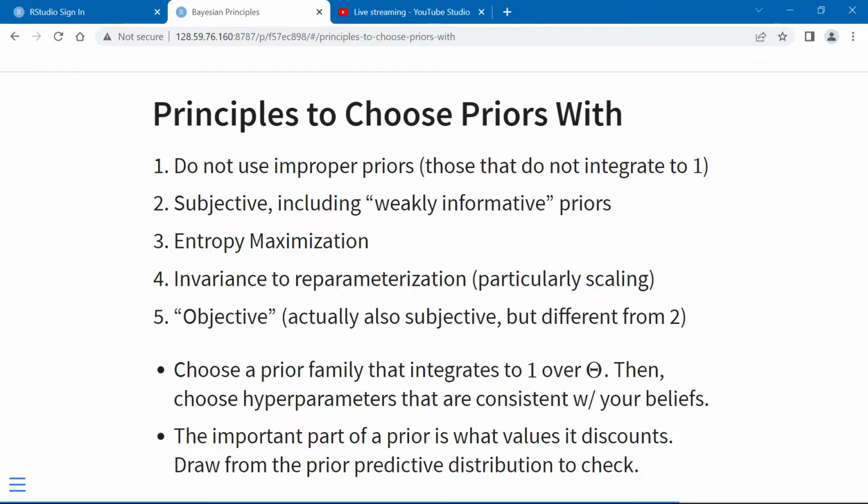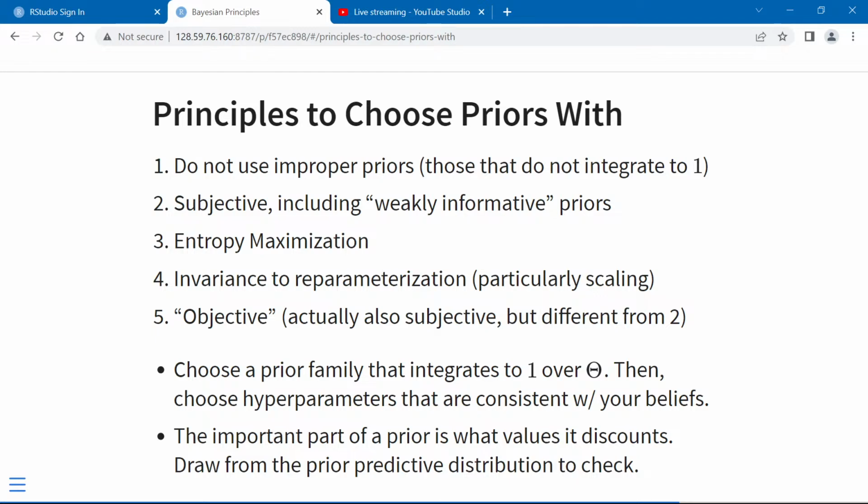If you use a proper prior, one that integrates to 1 over the whole parameter space, it guarantees the posterior distribution is also going to be proper. If you use an improper prior, you have no guarantee, and you have to work it out on a case-by-case basis as to whether the posterior distribution is going to be proper or not.